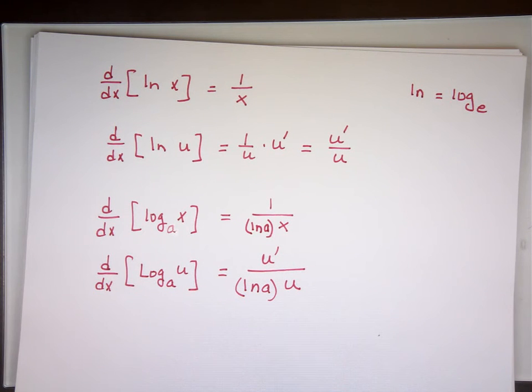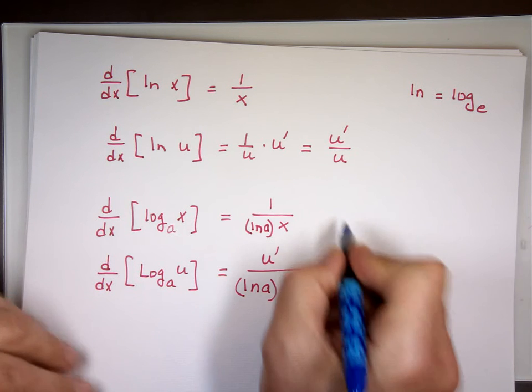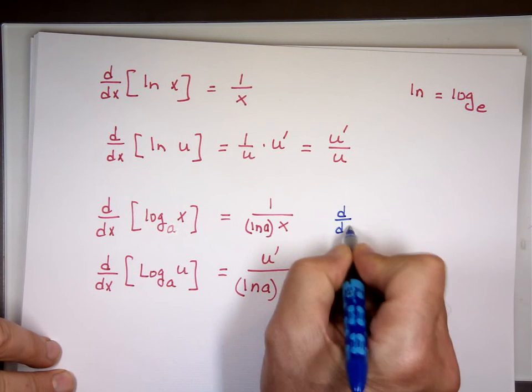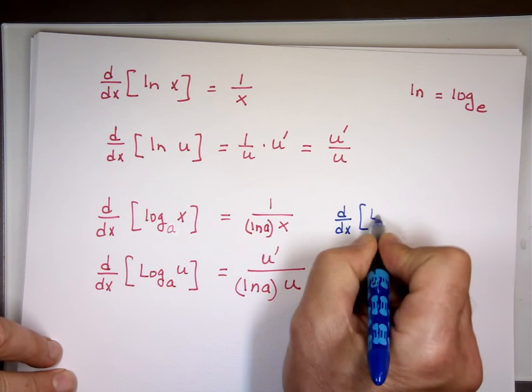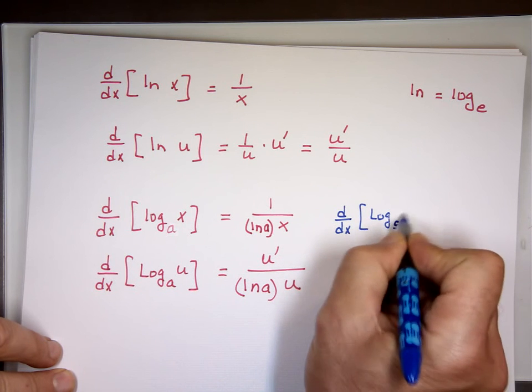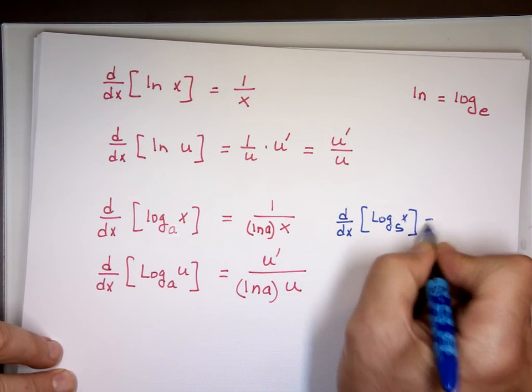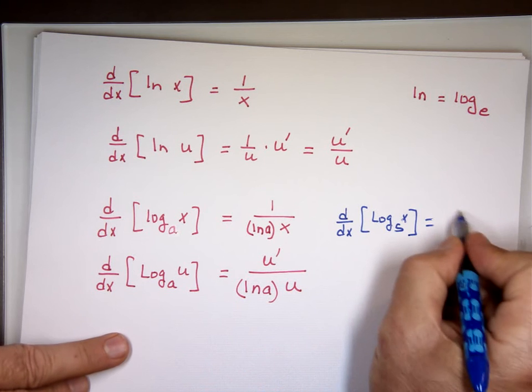Let's do a few examples with that. What's the derivative? Log base 5 of x. It's 1 over x if it was the natural log, but we have log base 5.